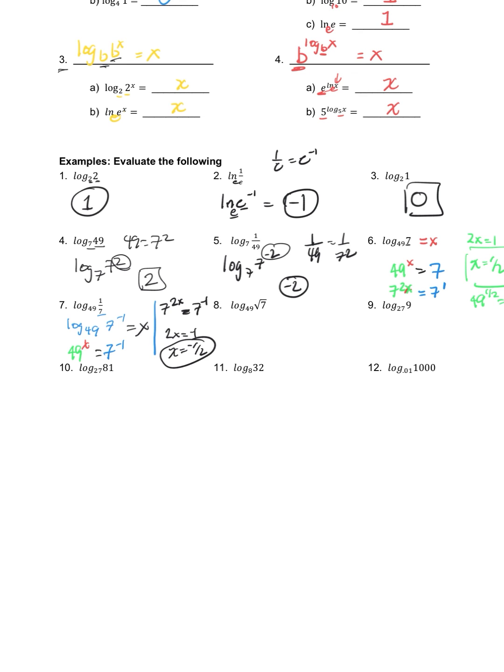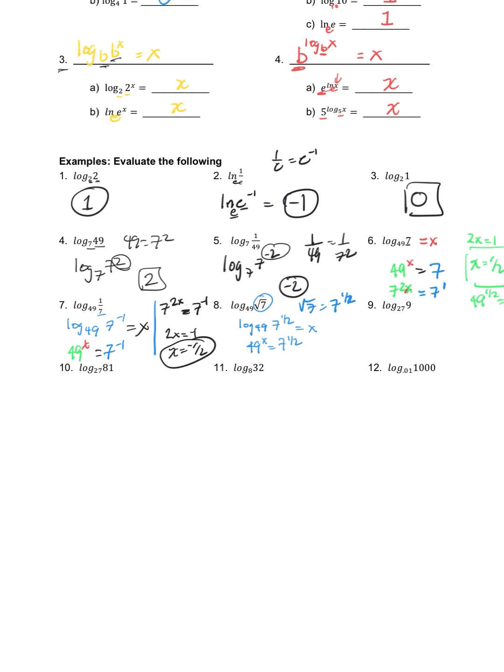All right, next one. Let's change this to 7 to the 1/2. So we're going to change this to log base 49 of 7 to the 1/2, set that equal to x, and then solve for x by changing to exponential form. So we have 49 to the x equals 7 to the 1/2.